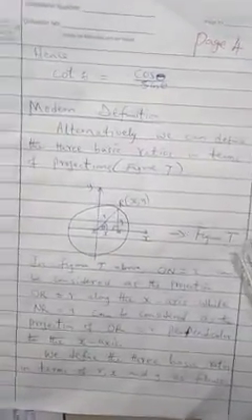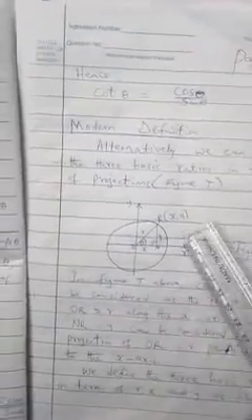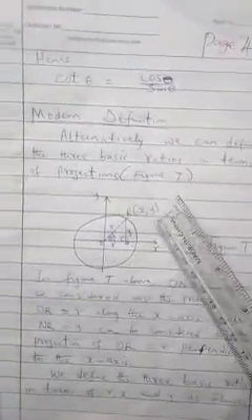Modern definition. Alternatively, we can define the three basic ratios in terms of projections. Figure T, you can see it. In a circle, you have your coordinate axes y and x. Then within these axes, you have a right angle triangle drawn here, with r, y, x.